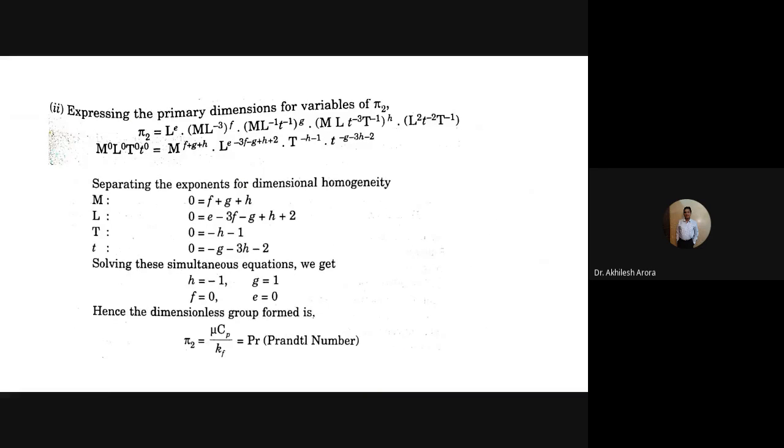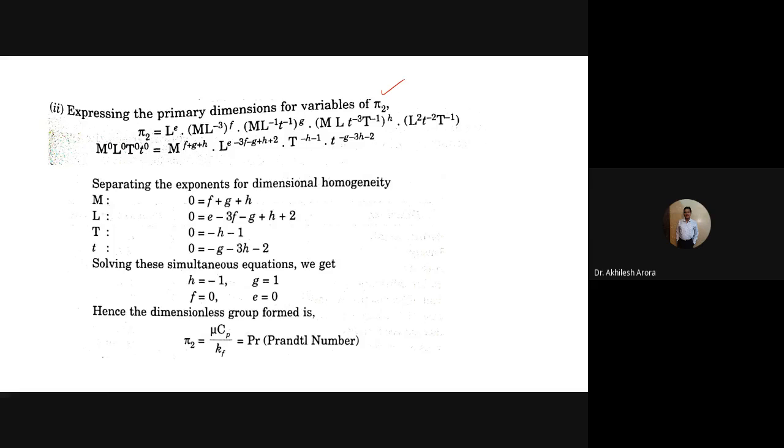And this first pi term that we get is the Grashof number. It is equal to g beta delta T LC cube divided by nu square. Nu is the kinematic viscosity, nu equal to mu divided by rho. So this you can do easily. Then we can also express the pi 2 term in terms of the dimensions.